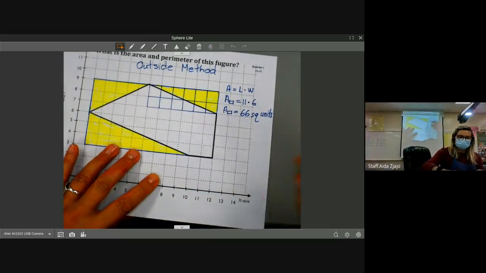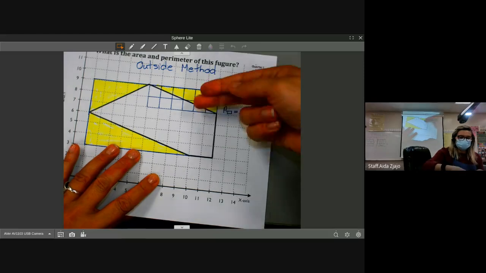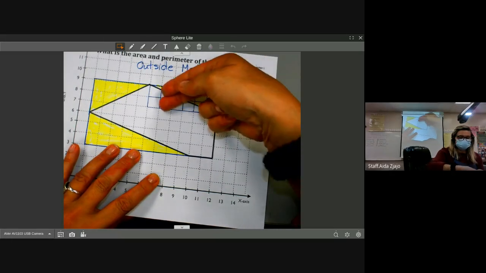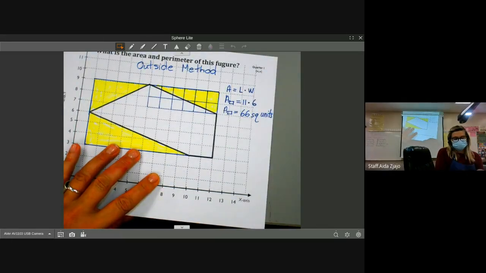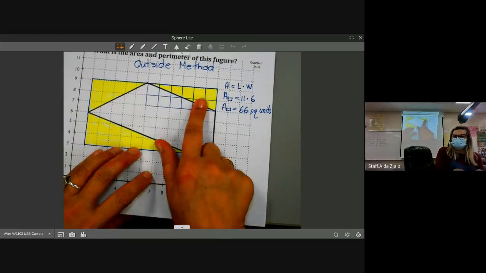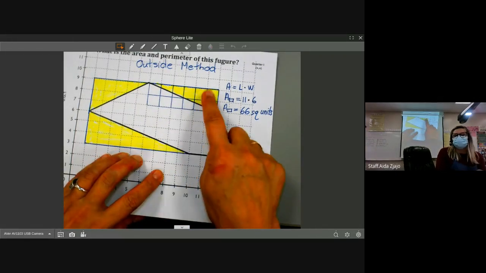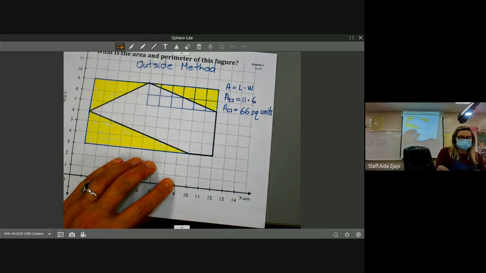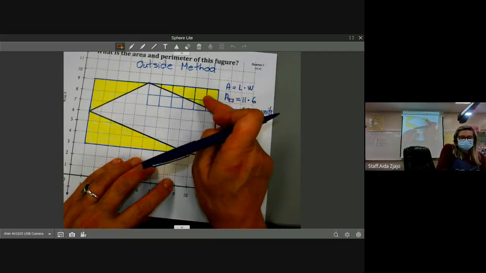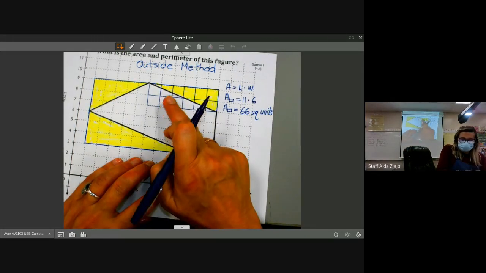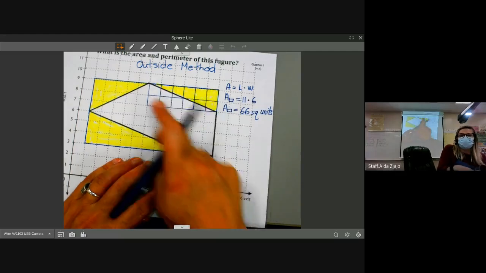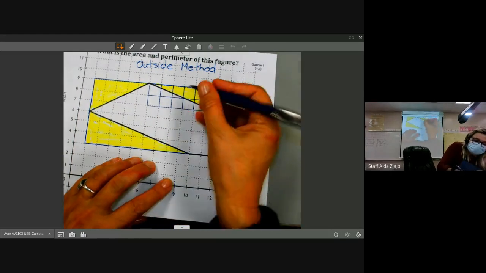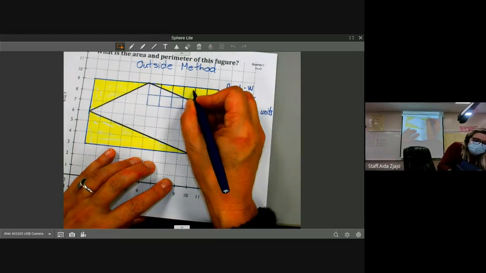So let's check. 2, 4, 6, 8, 10, 12. So it is 12, but does that mean this yellow triangle is 12? No. That triangle is half of the whole rectangle, and it is 6 square units.